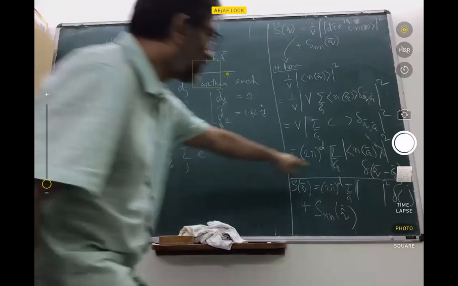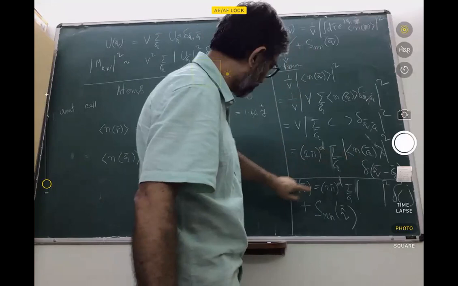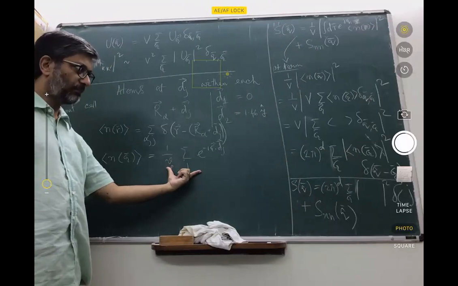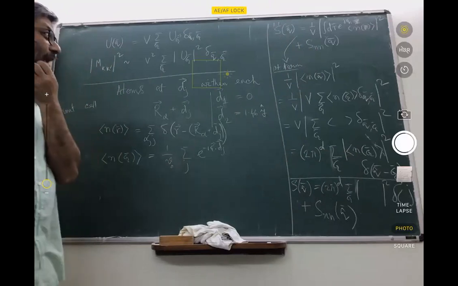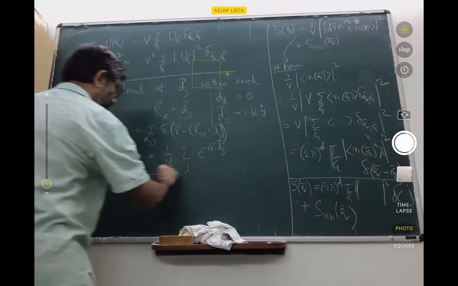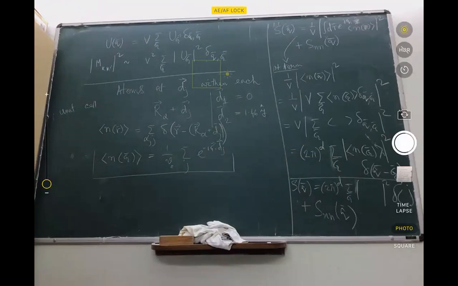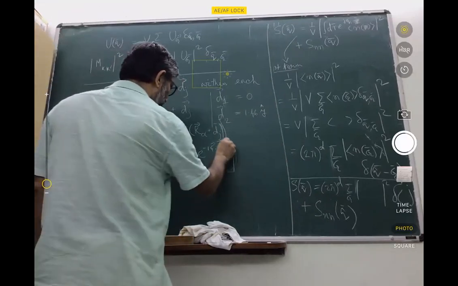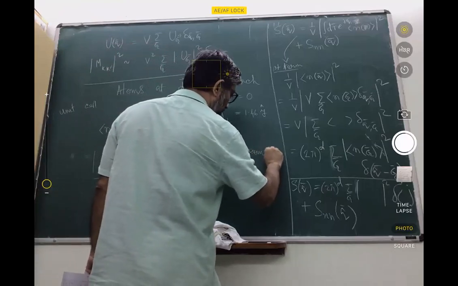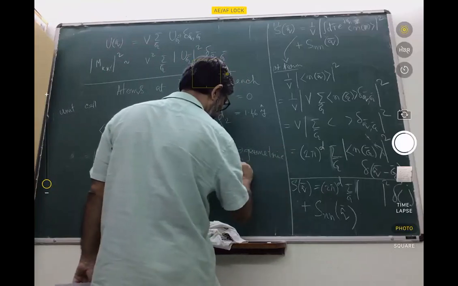So the N(G) that goes into this evaluation of S(Q) would have this thing. So that's a structure factor. There is a name for this: it is sometimes called the geometric structure factor.